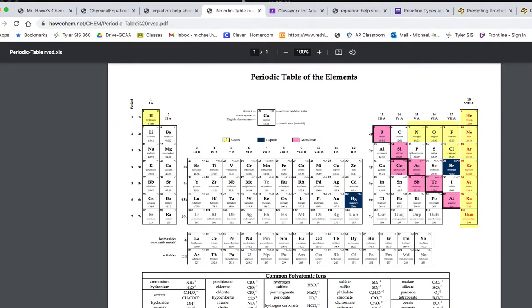On this periodic table, this little stair-step line right here separates metals and nonmetals. Elements on the left side are metals. Elements on the right side are nonmetals. And of course, everything down here is almost all nonmetals.